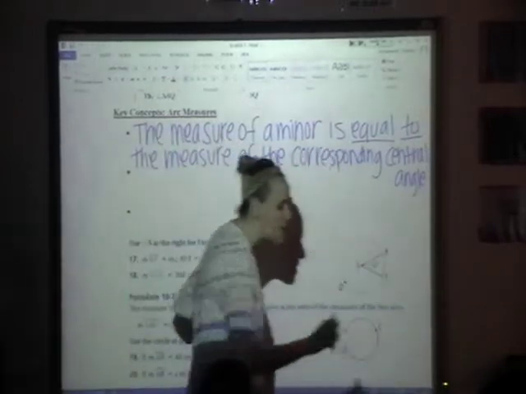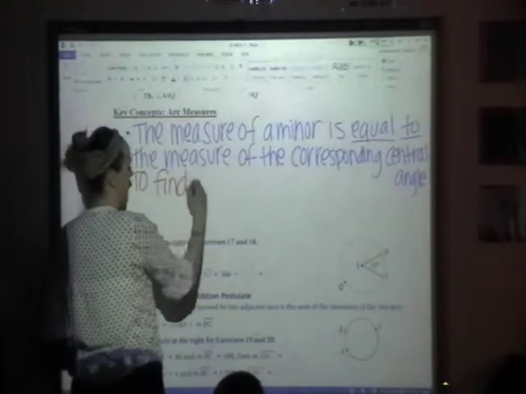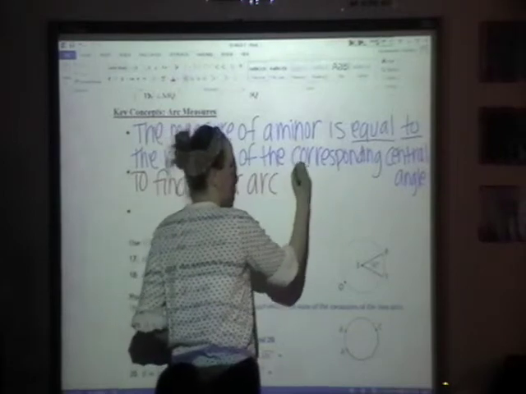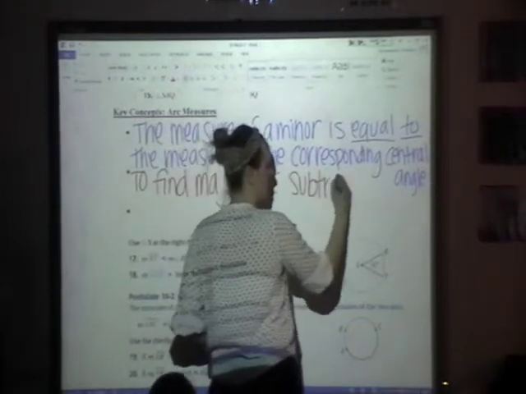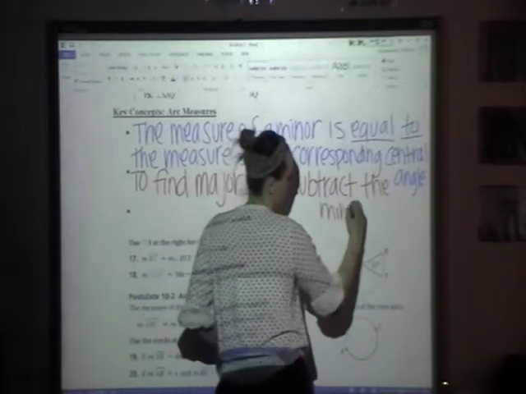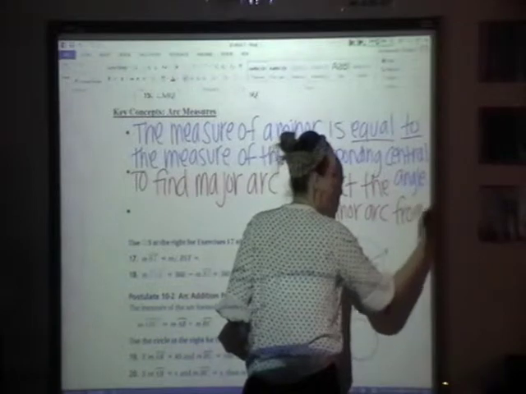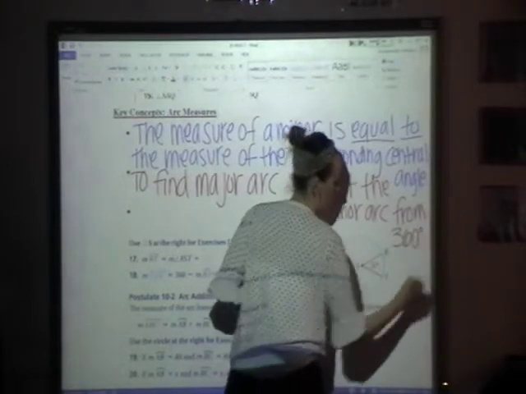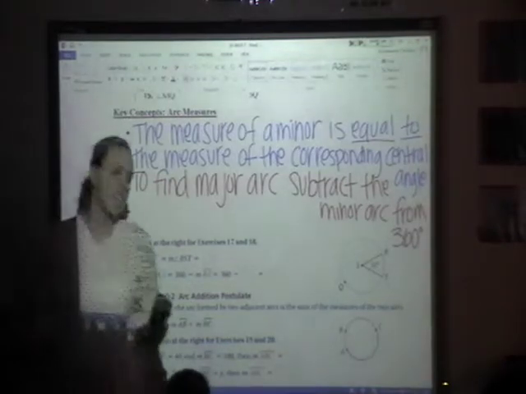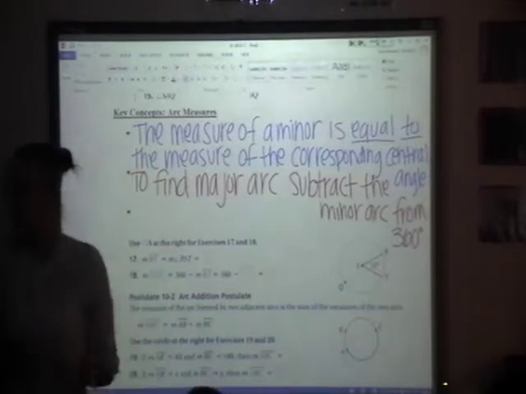To find the major arc, subtract the minor arc from 360. So if we had an arc of 60, 360 minus 60, our major arc, our leftover arc, would be 300.